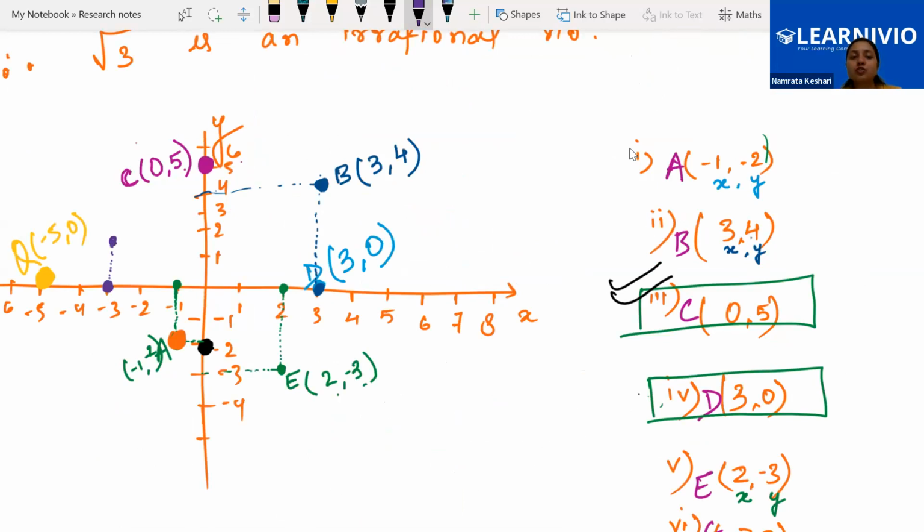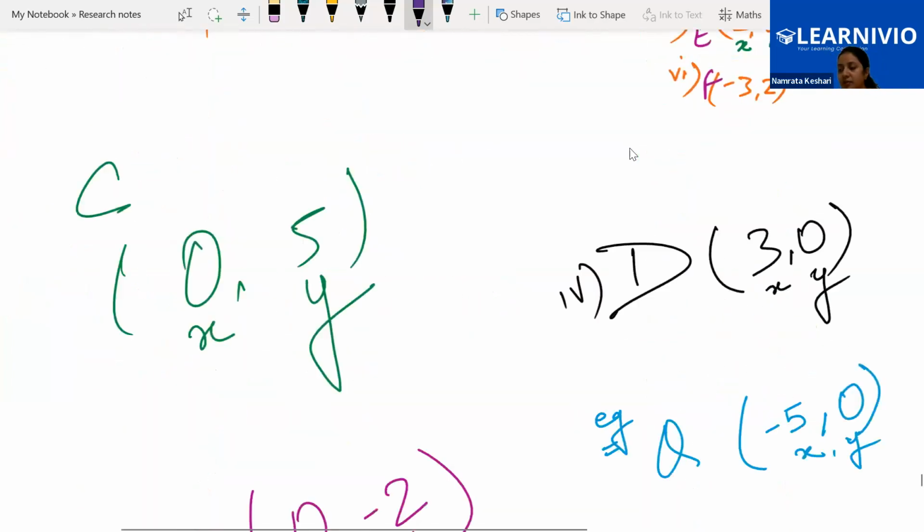From here, we can make the dotted line and show that wherever Y is +2, there we have stopped. This is the coordinate of F, where X is -3 and Y is +2. Is it clear to everyone? Yes, ma'am.